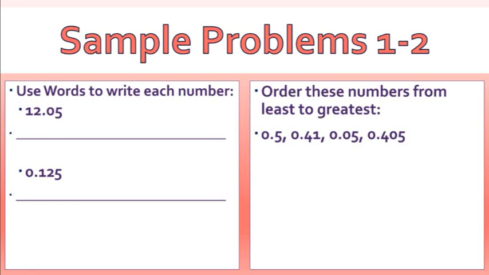It says use words to write each number. So I would write 12 and 5 hundredths because it's 2 decimal places. So 12. And for the decimal point, we always use the word and. It'd be 5 hundredths.